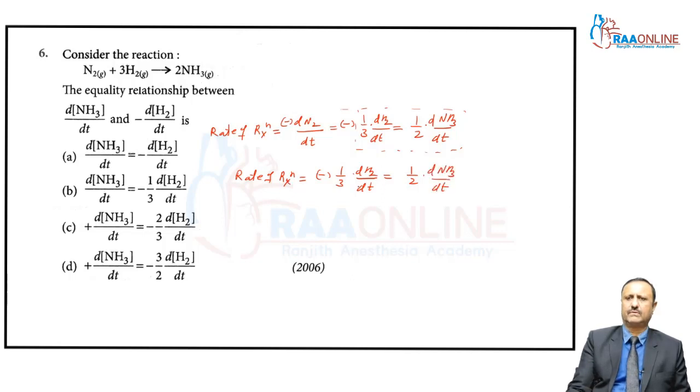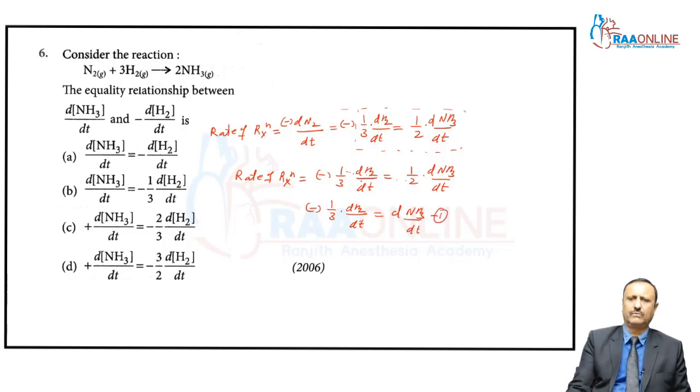Now my dear students, here you can see the concentration of ammonia. When we take the concentration of ammonia, then 2 is present on the upper side, then you can say minus 1 upon 3 dH2 upon dt equals dNH3 upon dt. This is your first relation.